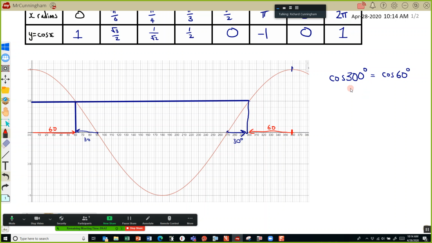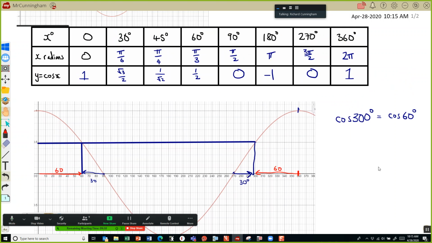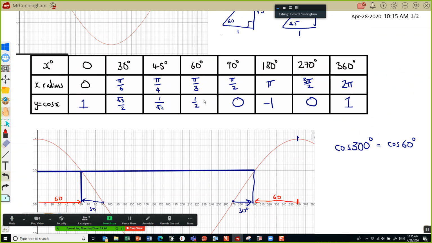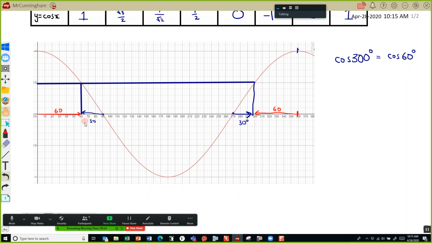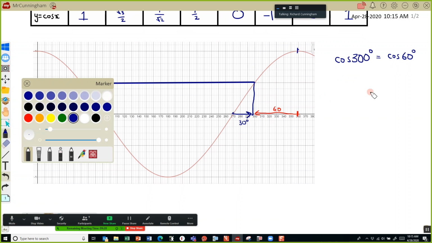And in the exam, if you had to work out cos of 300, you would have to do a little sketch and realize it's the same as cos of 60. And I know from my triangles that cos of 60 is equal to 1/2. Make sense? Or no?